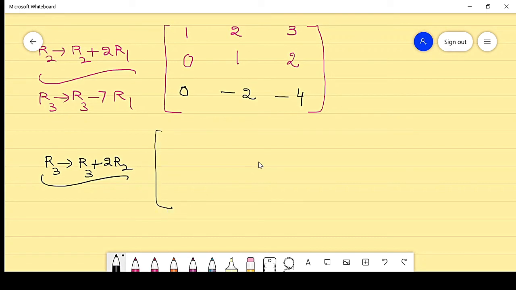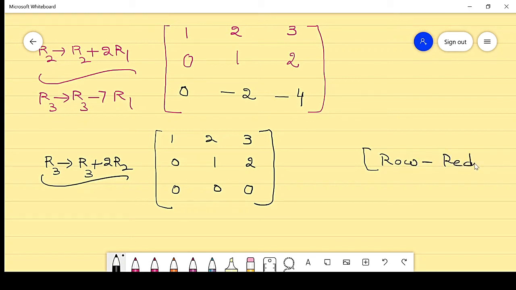So this makes the matrix 1, 2, 3, 0, 1, 2, and this is 0, 0 and 0. So again entries below the diagonal elements are 0. So this is a row reduced echelon form.